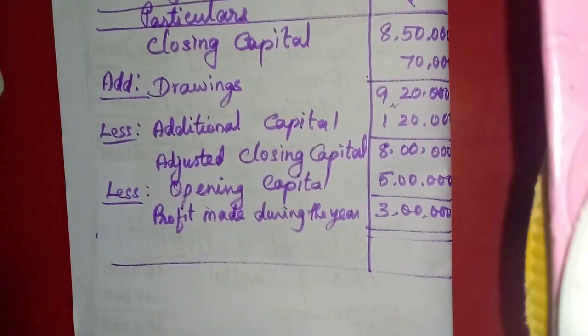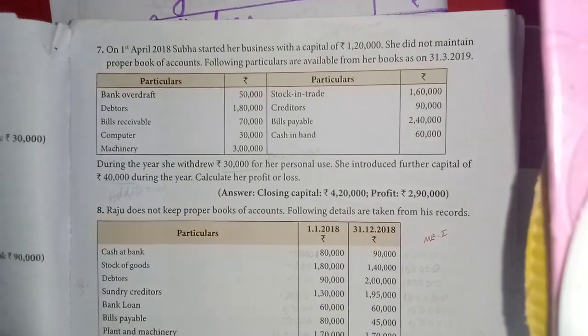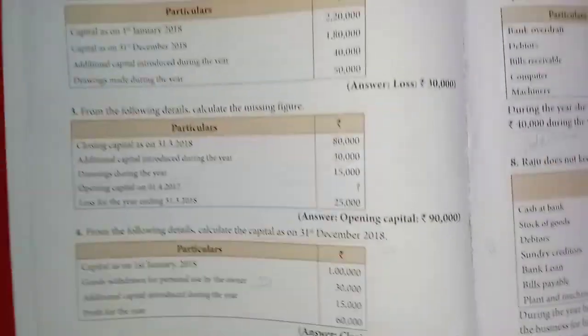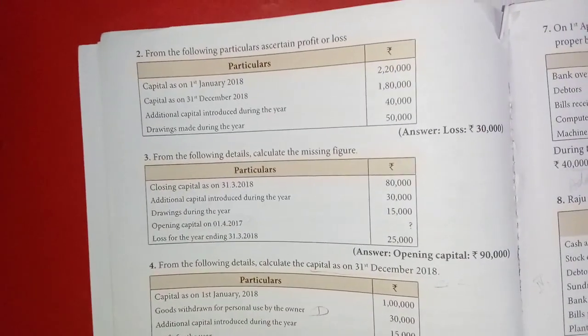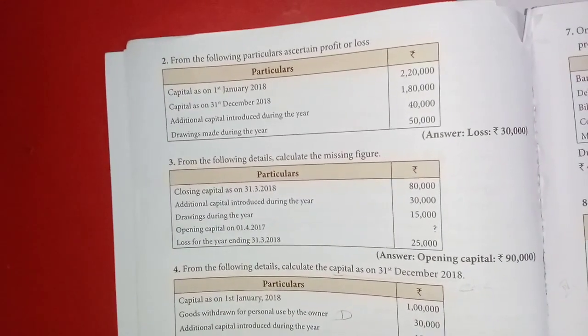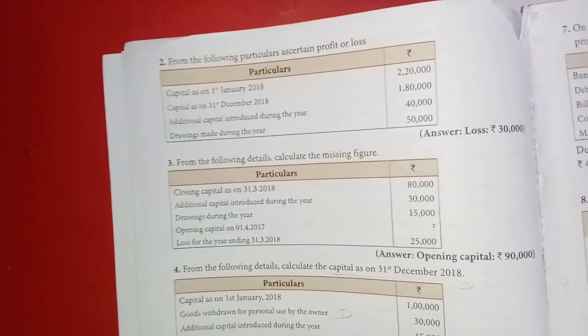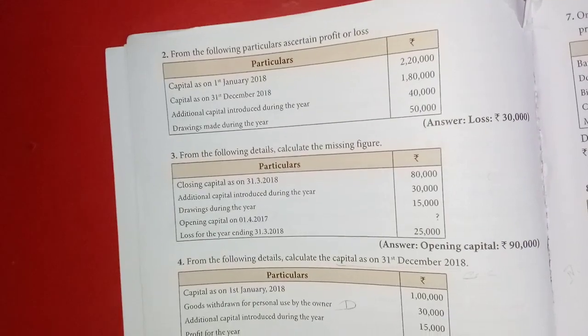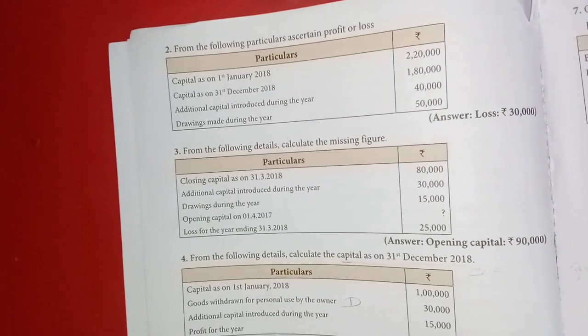Then shall we do the second one? Okay, second one I will show to you. Second problem. From the following particulars ascertain profit or loss. Capital as on 1st January 2018, 2,20,000. Capital as on 31st December 2018, 1,80,000.